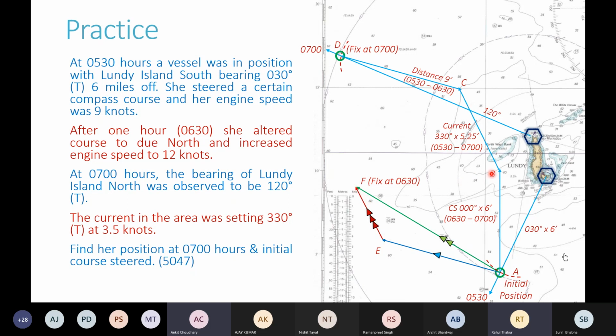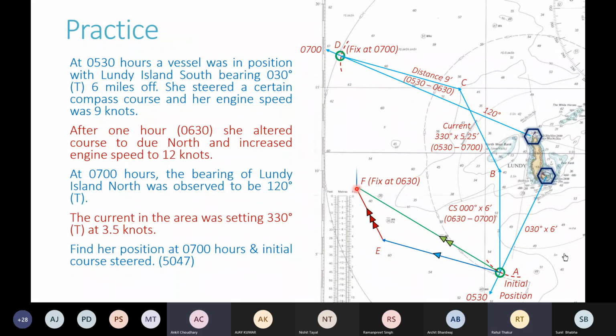The current vector which I had used in my initial plot was for the full duration of 1.5 hours. Okay, that's the difference. Even when you use it for total 1.5 hours, we were still able to reach our destination because, as we discussed before, the principle of vector addition says that in whatever order the vectors are added up, the end result or the position arrived is the same.